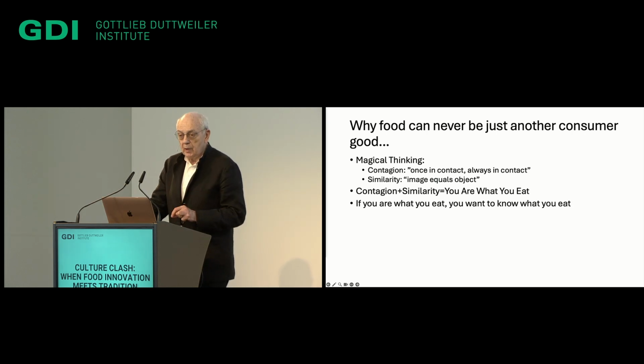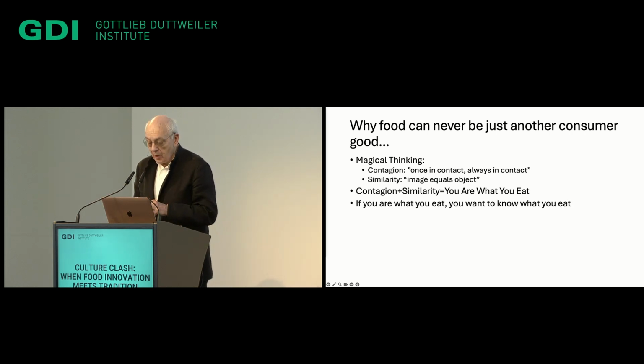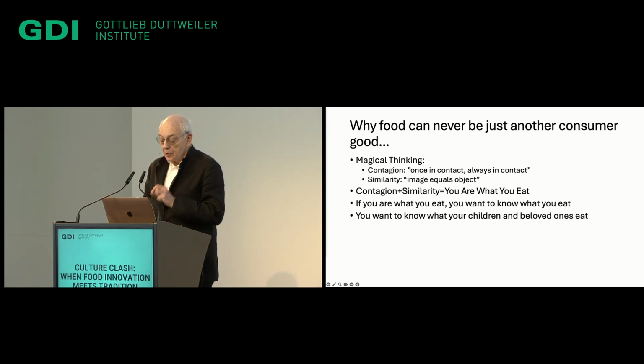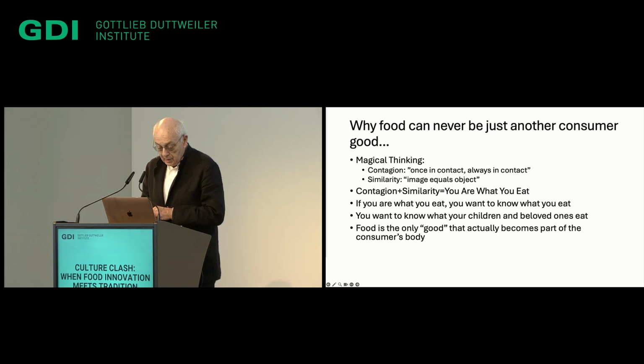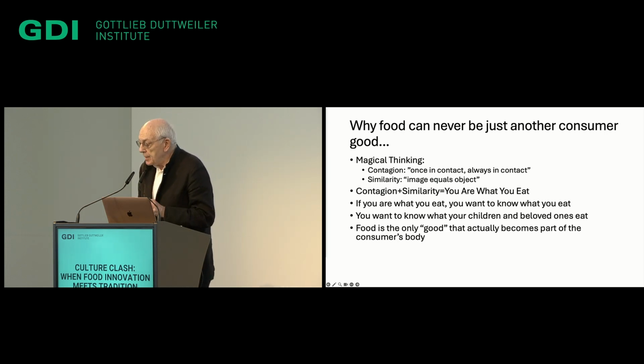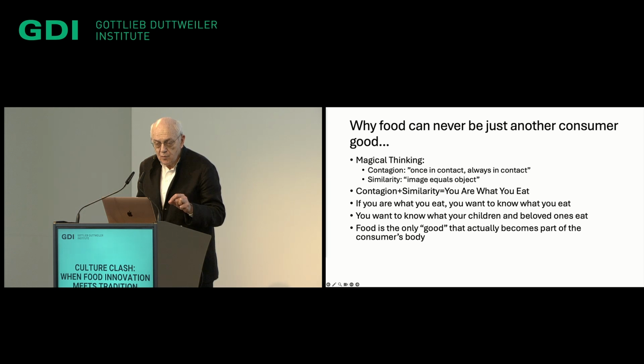And if you are what you eat, you want to know what you eat. You want to know what your children and beloved ones eat. And what people complain of when it comes to processed food is precisely, we do not know what we eat. And that has been going on not since last year, but for several decades. As long as I've been working on these issues, I've heard this: you don't know what you eat.